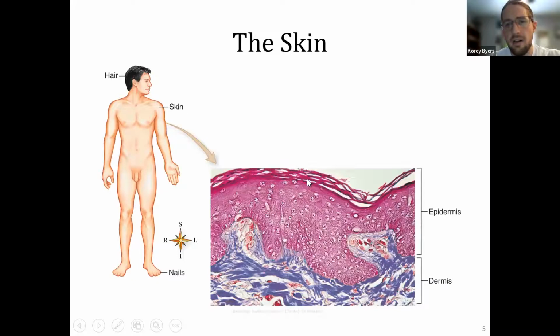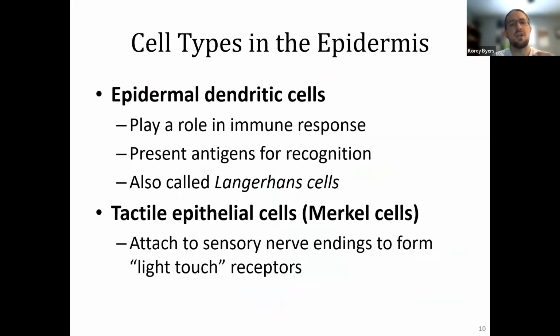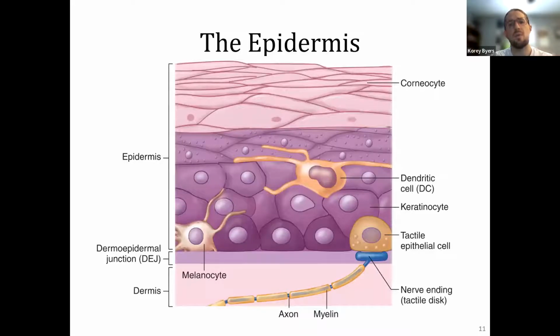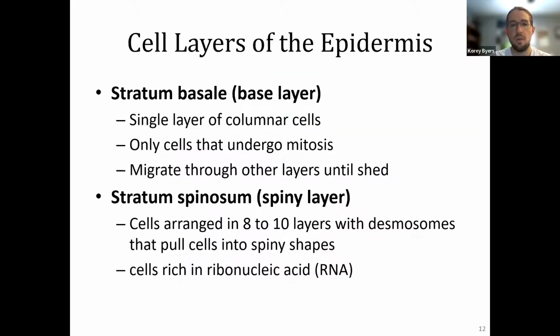That flaky layer, all the nuclei have been pressed out, the skin cells are spread out, they're filled with keratin. Their function is more just protection. And so we say that they're fully keratinized, and that's where they get that name, keratinocyte or corneocyte, depending on where they are.